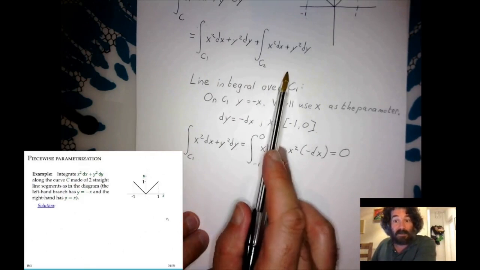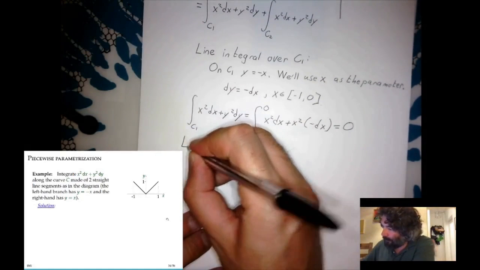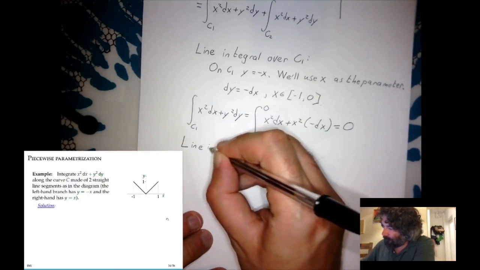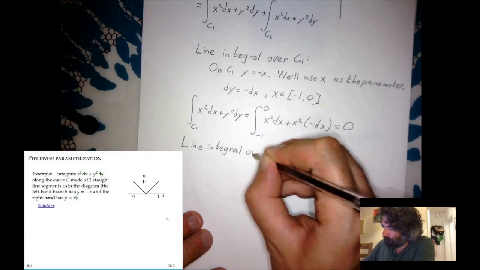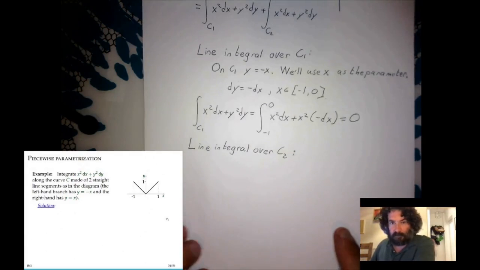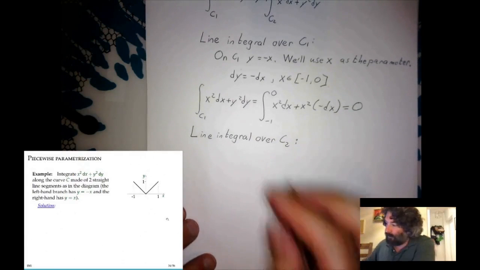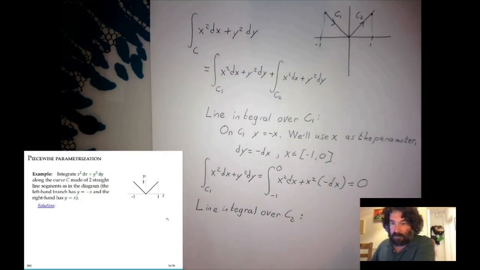But we still need to calculate the part over C2. So let's do that. All right, so on C2, I'll go back up so I can see the diagram.